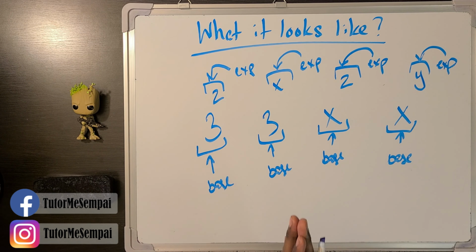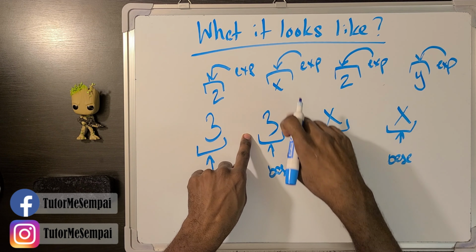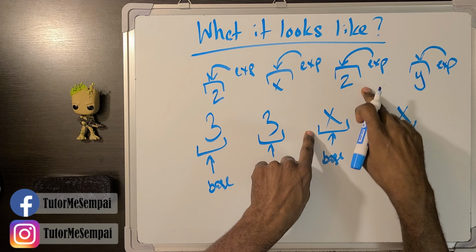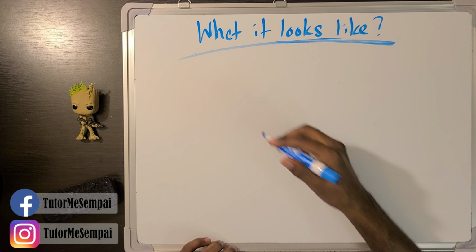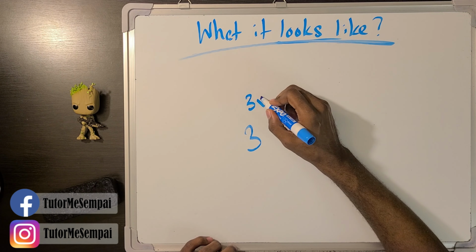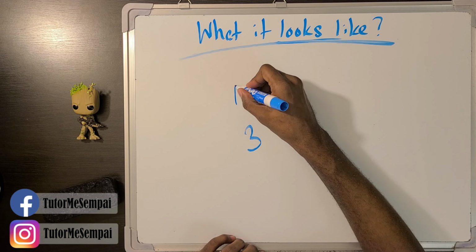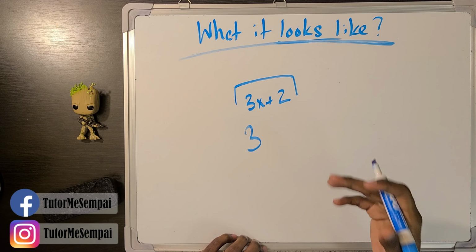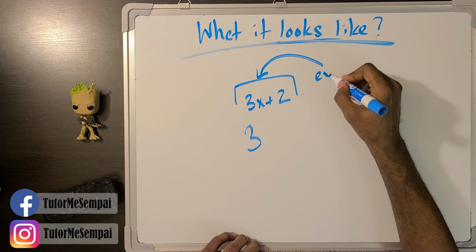So our exponents can have a lot of different forms, whether you have a number raised to a number, a number raised to a variable, a variable raised to a number, or even a variable raised to a variable. You can even have an exponent that looks like this, something raised to a mathematical expression. Regardless of what your base is, your exponent is not necessarily a single digit or a single variable. You can have a whole expression be your exponent.